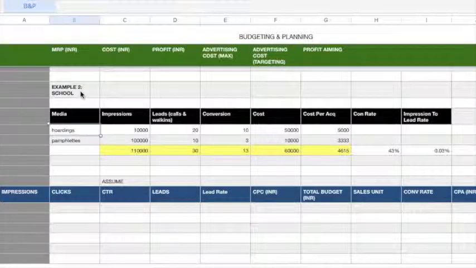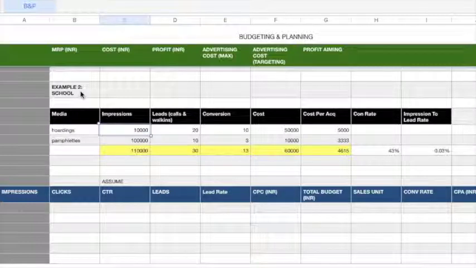So we are saying that by putting in the hoarding in a local area, we are looking at that hoarding being viewed 10,000 times in a certain time frame, let's say a month, or a week, or a day, whatever time frame it is, you can estimate that and put it here. So let's say 10,000 times in a month that hoarding is viewed.